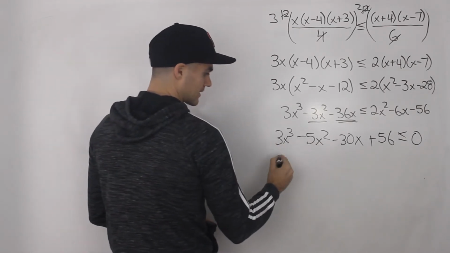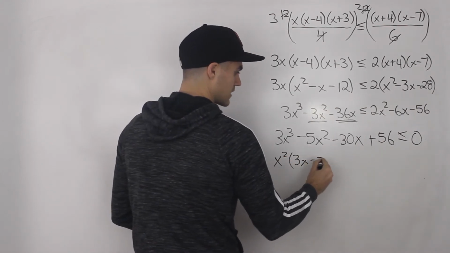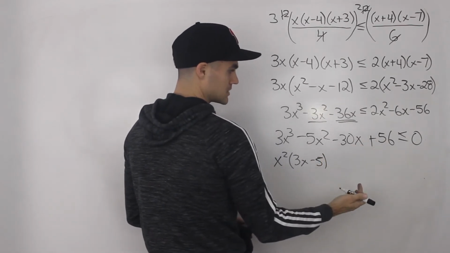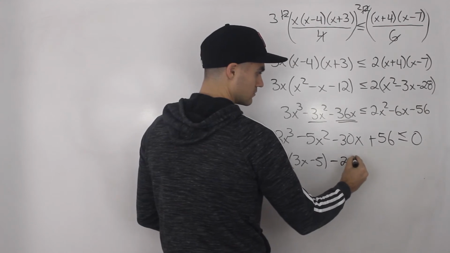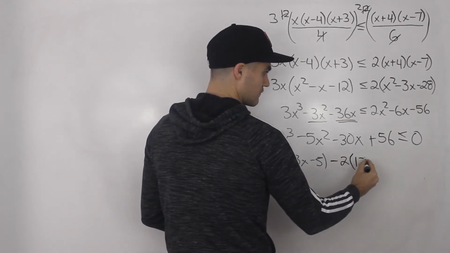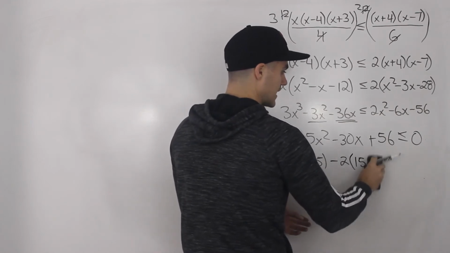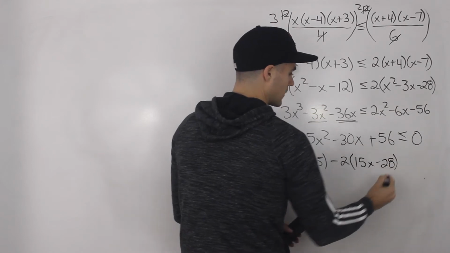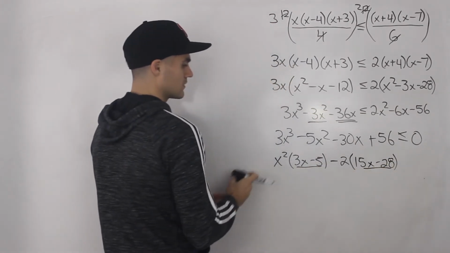Well, if we take out an x squared from these two terms, we'll have 3x minus 5 at this point. And then from here, what can we take out? I guess a negative 2. So we'll have 15x minus 28. Anyway, either way, grouping is not going to work because these brackets are different.